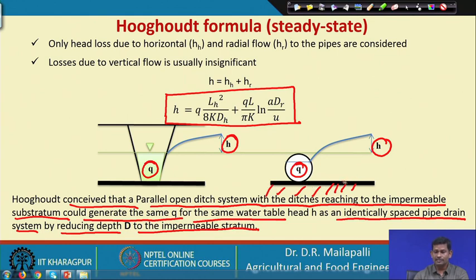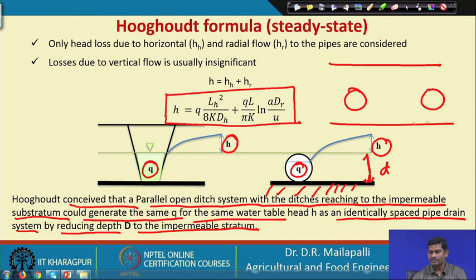This is achieved by reducing the capital D to an equivalent depth small d. If you remember here, this is the impervious surface in the actual case, and this one is the capital D, and this is a small h.